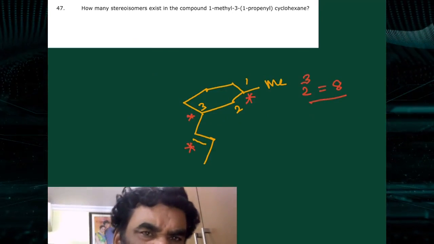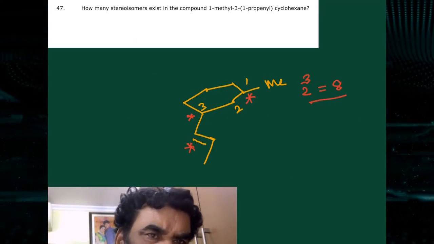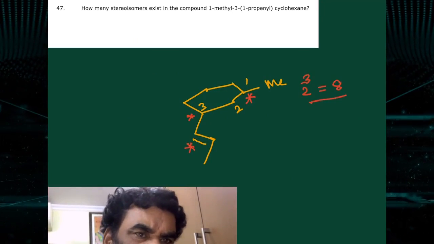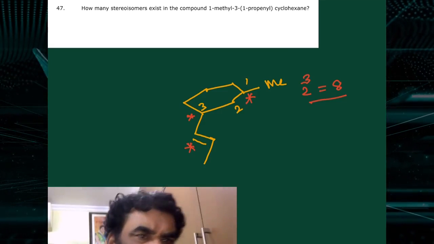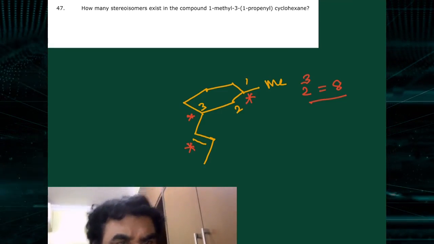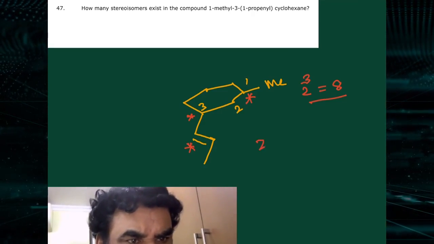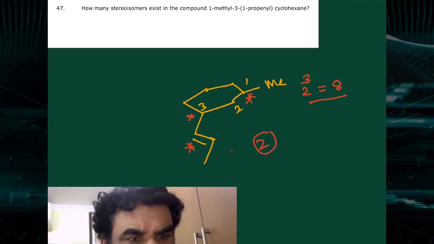How many stereoisomers exist in the compound 1-methyl-3-(1-chloropropynyl)cyclohexane? And this is the structure of the molecule. You see, there are two chiral centers, two stereo centers.